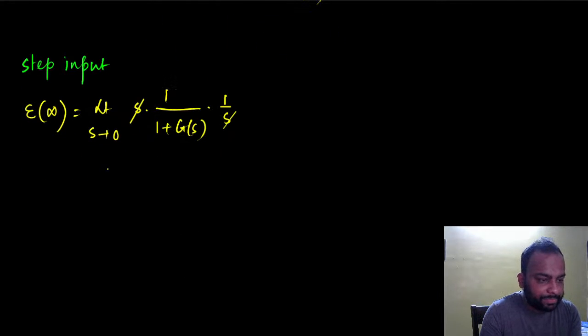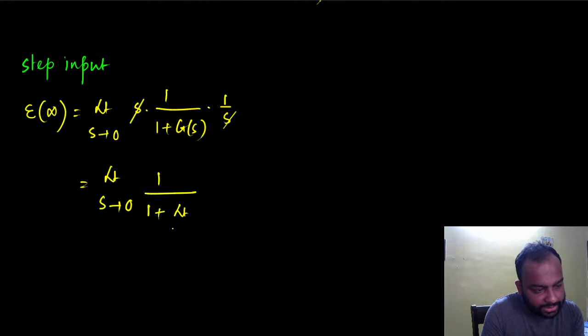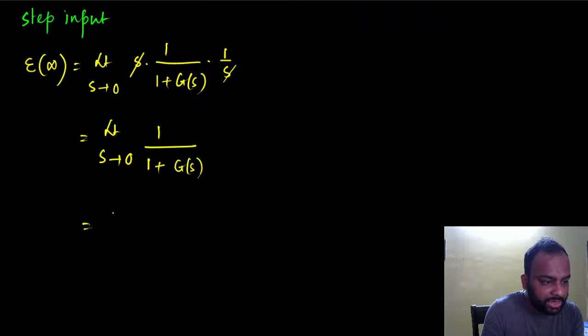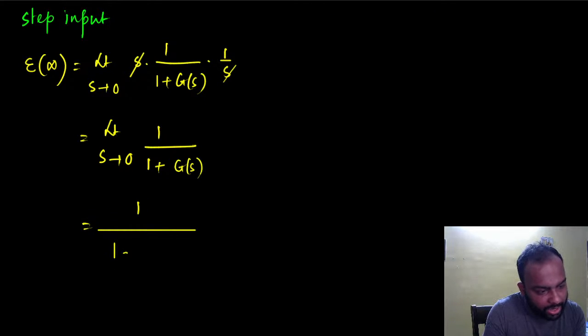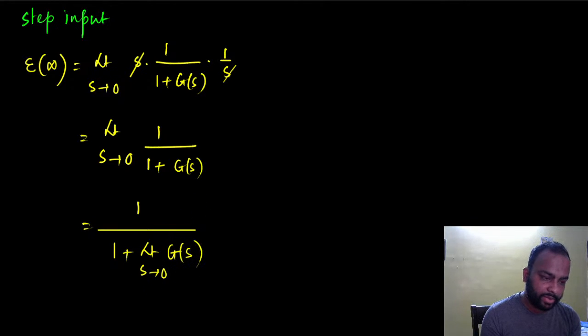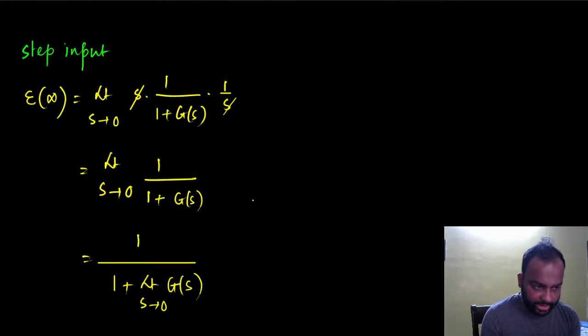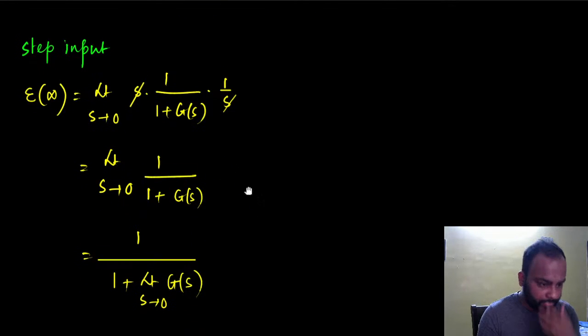So I would have limit s tends to 0 of 1 divided by 1 plus G(s). But the only thing that is dependent on s is G(s), so I can reduce this to 1 divided by 1 plus limit s tends to 0 of G(s), right?